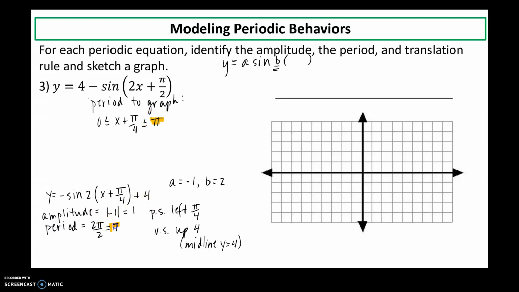Right? Pi comes from here. And then the phase shift has to be after we've already factored out the 2, or whatever value it might happen to be. And I didn't solve that again just for time's sake. Your increment would be period over 4.